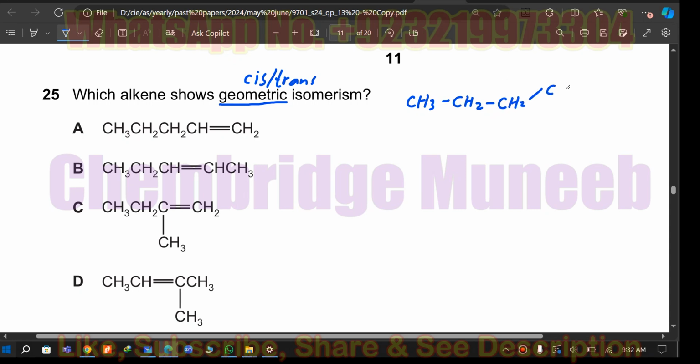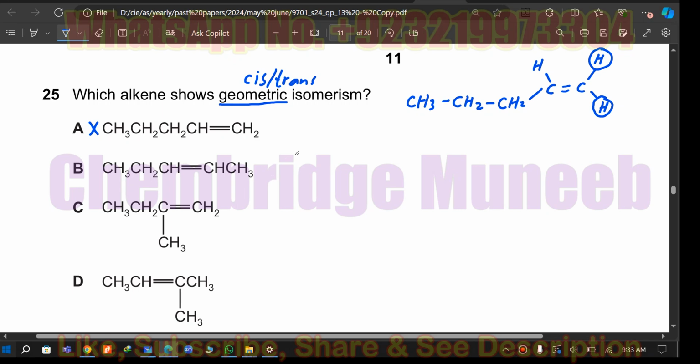Then I can write this carbon with a double bond with another carbon. This carbon has hydrogen, and this carbon has two hydrogen atoms bonded. Now here you can see that these two are hydrogen atoms, so this does not fulfill the requirement of the cis trans isomerism, and that's why option A becomes incorrect.